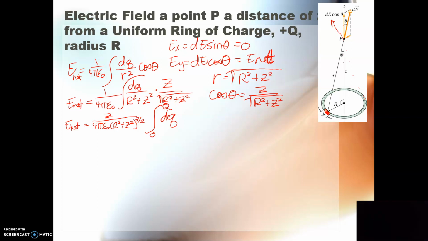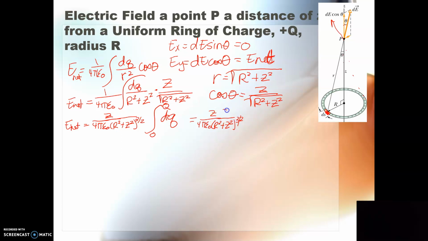Well, the integral of dq is just q, so that's just z over 4 pi e naught r squared plus z squared to the 3/2, not 32, to the 3/2, and then that's just q, because it would be q from 0 to q, which would be q.